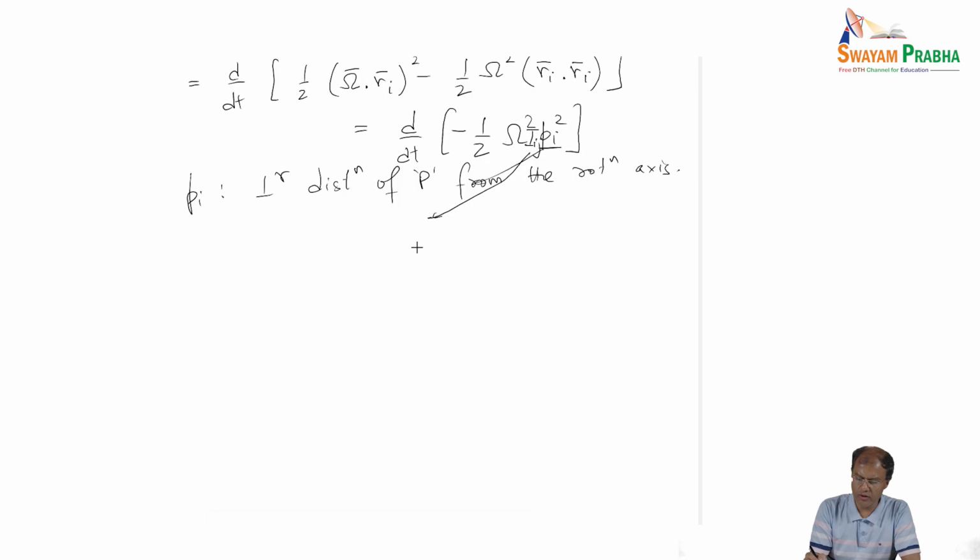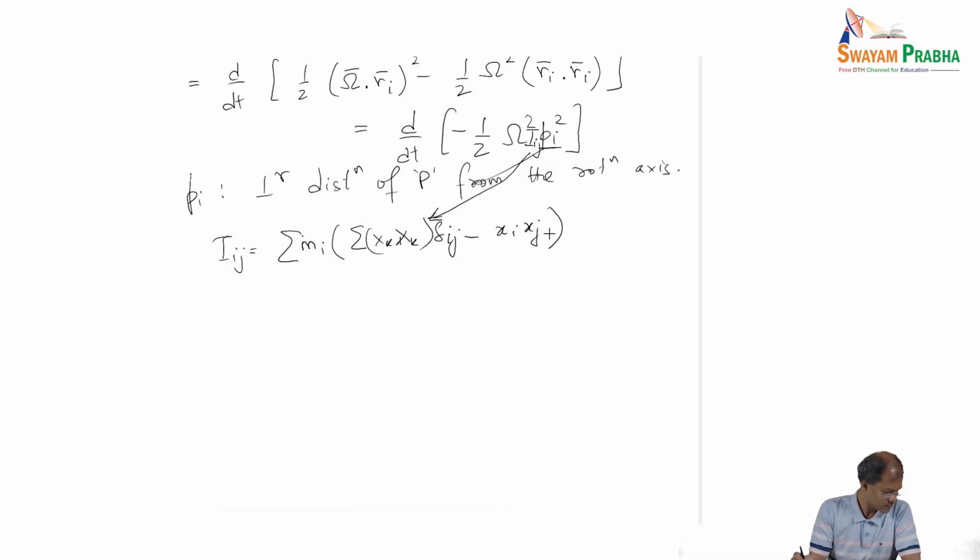So let us now introduce this term Iij, and Iij is going to be summation mi times summation xk times delta ij minus xi xj.